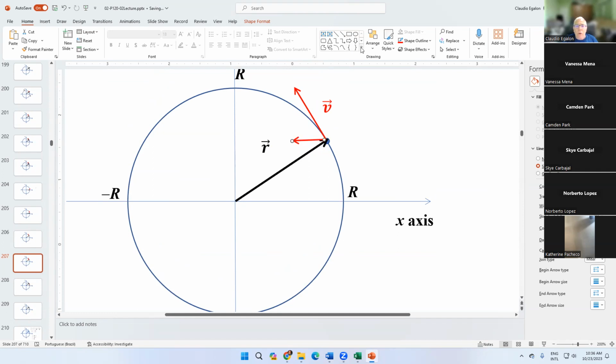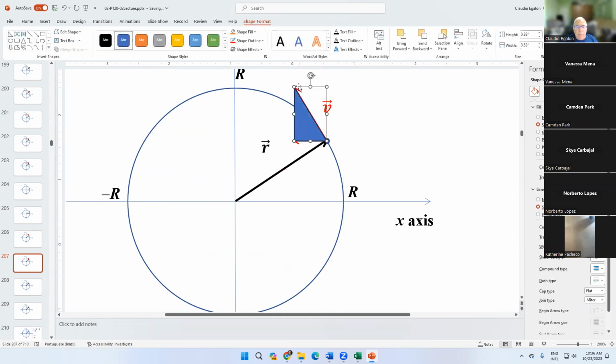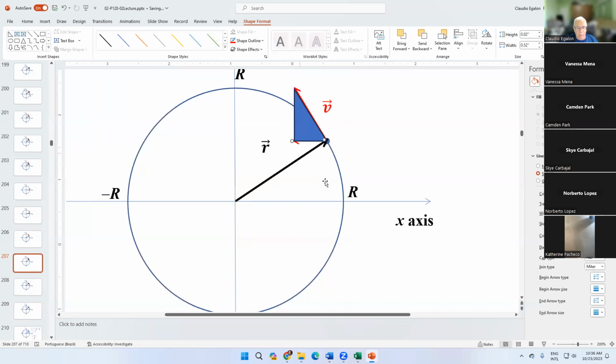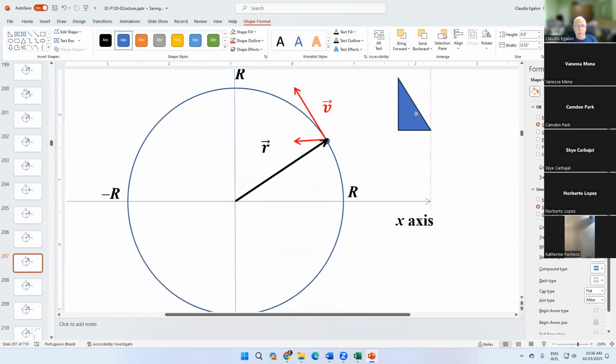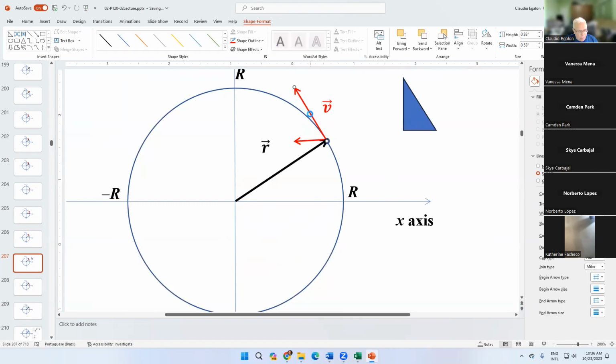I'm even going to use a right angle triangle that we have here in this pad to get a better, okay, here you go. Hopefully I think I got it, right? Here's the x component. And I'm going to just shorten it a little bit, right? And now we can draw the y component.